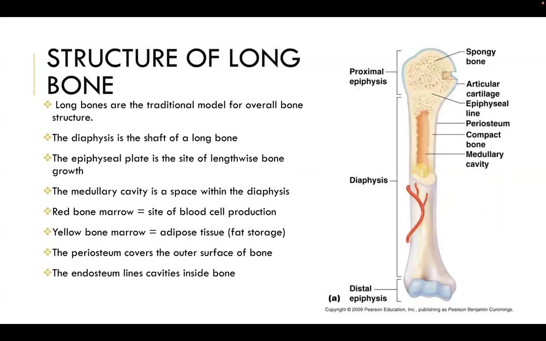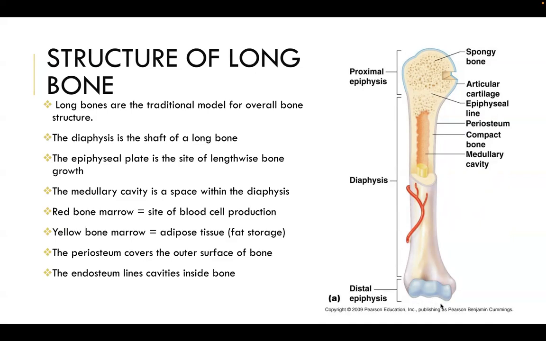This is the structure of a long bone. A long bone is the bone we typically think about when we think about bones. A long bone is made of the diaphysis, which is the shaft of the bone, the epiphyses, which is the plural word.